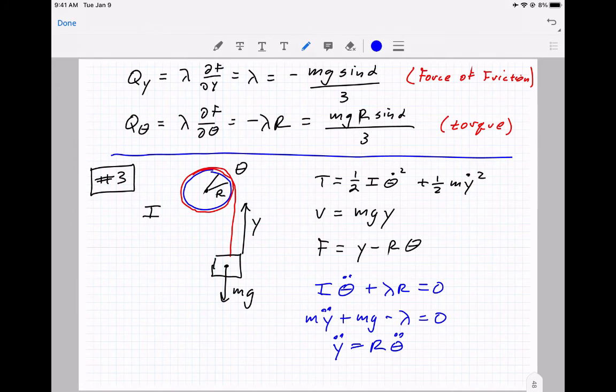From intro physics, you would recognize the first two equations, where you'd recognize that lambda is actually the tension. Okay, and so this is a case where the undetermined multiplier is directly the tension on the rope. And in intro physics, you had to put that in explicitly and draw your free body diagrams, and there'd be one free body diagram for the falling mass and another one for the pulley.